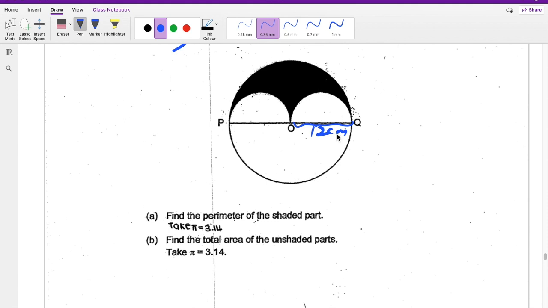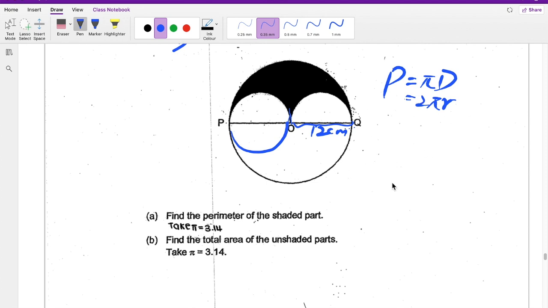So for this shape, the unshaded part equals 1 semicircle plus 1 semicircle, another 1 semicircle. Well, this one and this one can make a circle, right? And this one is only a semicircle. Then for the perimeter, it equals pi d, or 2 pi r. So this one is for the circle.